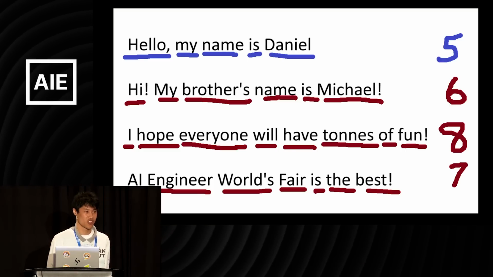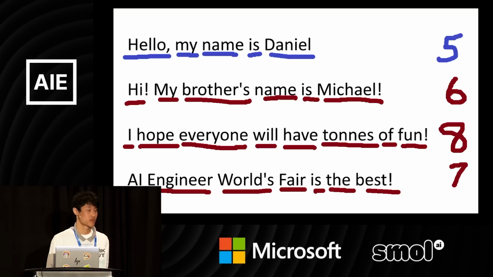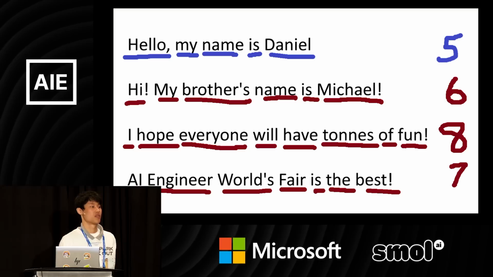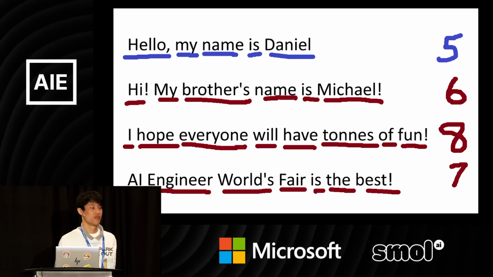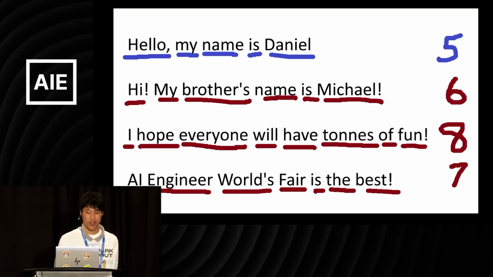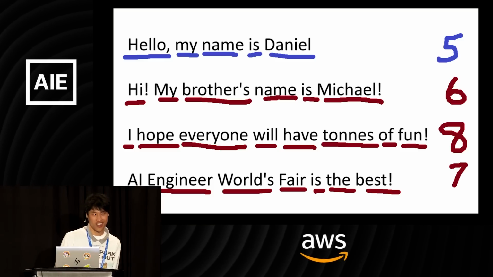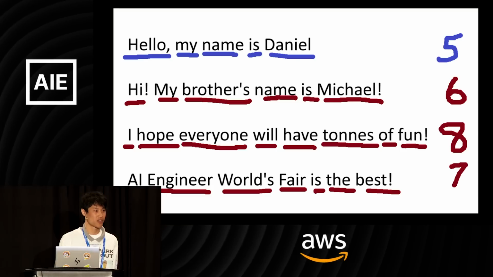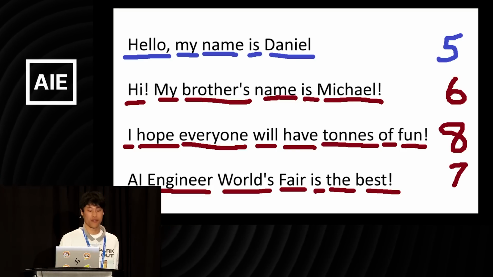Any other suggestions? My with a capital M and my with a lowercase m are treated differently. They mean really the same thing. So can we just lowercase them all first? Very good idea, right? If you lowercase them all, then you can reduce a lot of issues. Is that a good idea? Capital My and small my, what do you think is the difference? If you do capital My, generally it means it's the start of the sentence.